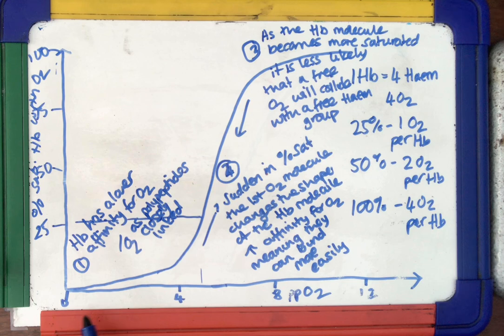How to describe it? Here, with a small increase in partial pressure, you get a small increase in percentage saturation. At part 2 of the graph, with a small increase in partial pressure of oxygen, you get a sudden increase in the percentage saturation of hemoglobin with oxygen.